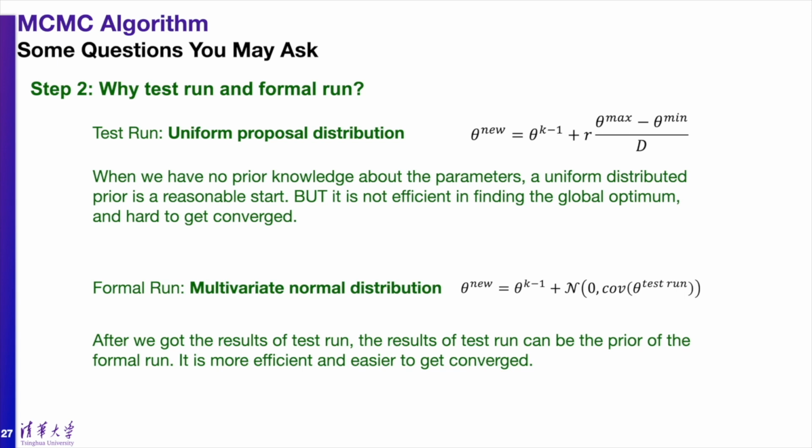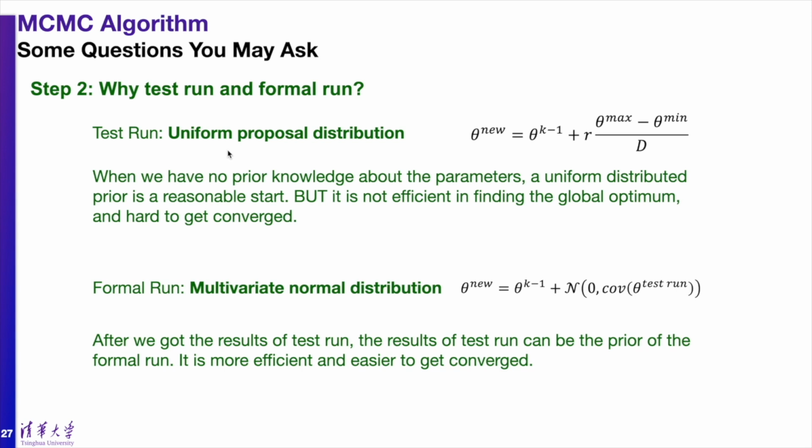Basically, in the MCMC, if we have no knowledge about the parameters, we may just assume that the parameter value ranges in a wide interval and follows the uniform distribution. And therefore, you can use this prior assumption throughout the MCMC.